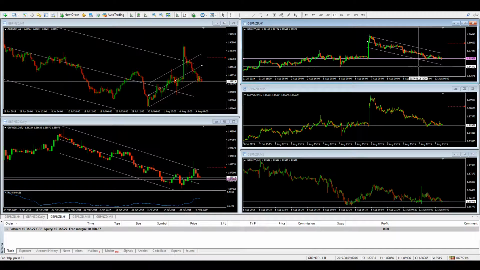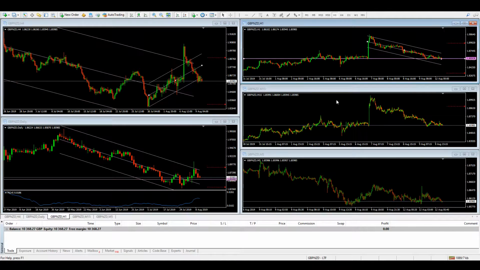Let's see how this stacks up in terms of reward to risk. It's about there. Just eyeballing this really at the moment, just to see how the trade would stack up.